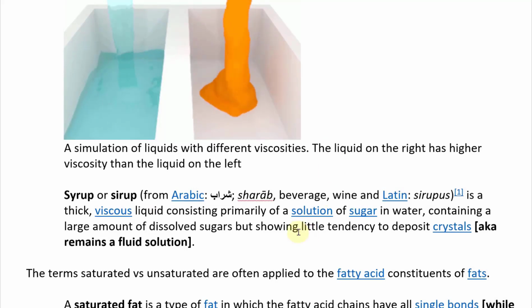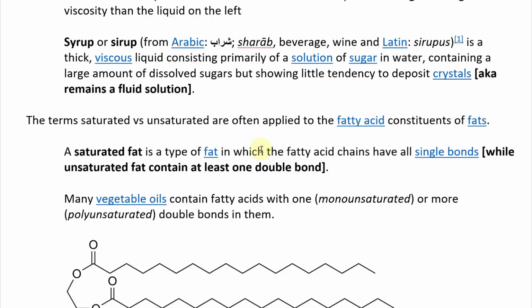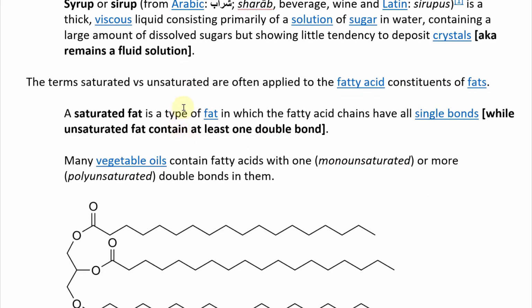So it has a bunch of sugar inside, but it wants to remain a liquid as opposed to depositing crystals or forming solids. Going further, the terms saturated versus unsaturated are often applied to the fatty acid constituents of fats.